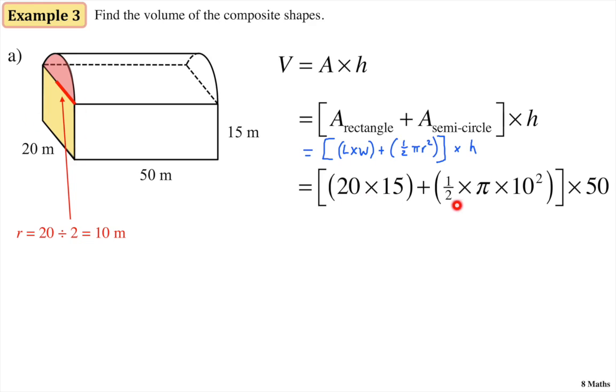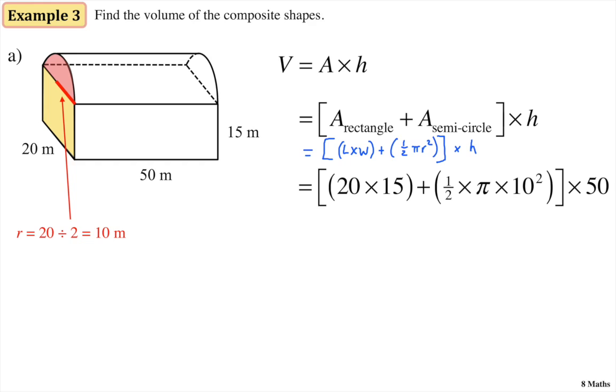Plus 1/2 times pi times, what's my radius? My radius is 10. 10 squared. And then I times it by 50 because that's my height from the left edge all the way through to the right edge. Put that into the calculator. Now, with this calculator question, this is really important that you do need the square brackets, and you don't have square brackets on your calculator.